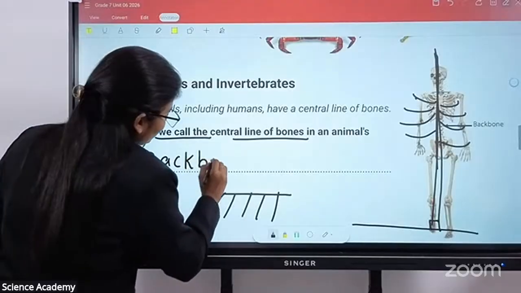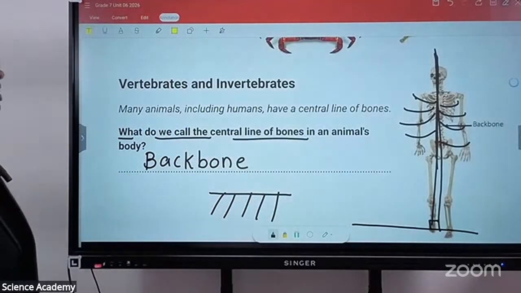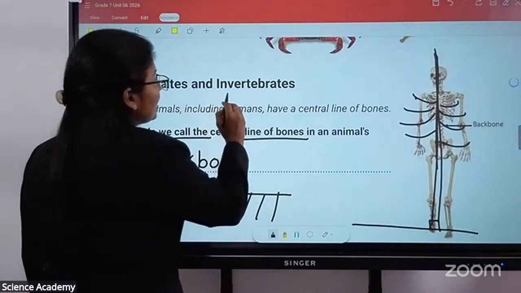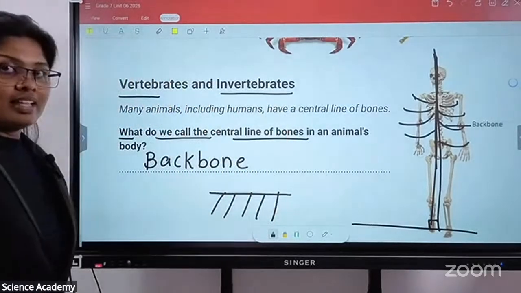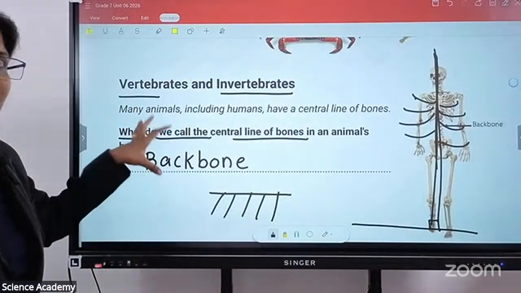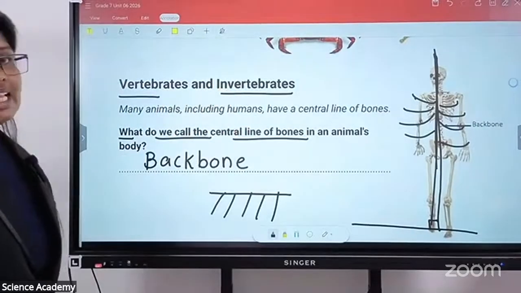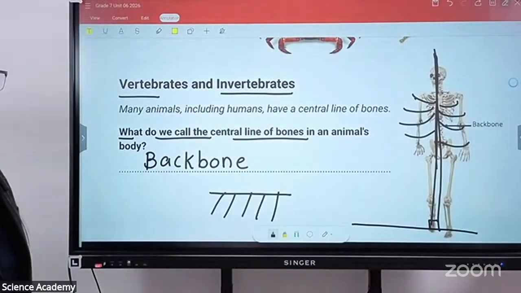Backbone means pitakonda. There are two major groups of animals, vertebrates and invertebrates. I'll tell you what the vertebrate group is and what the invertebrate group is.